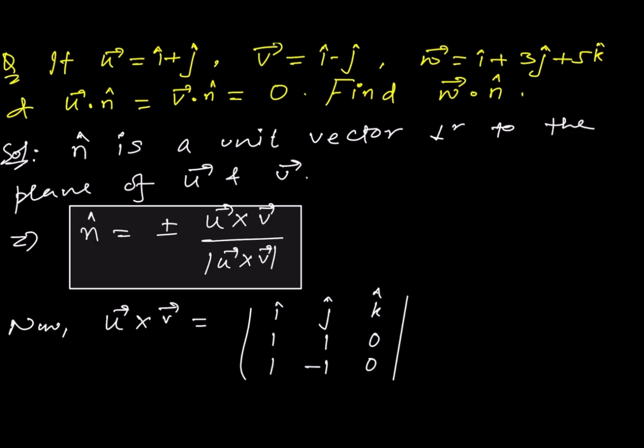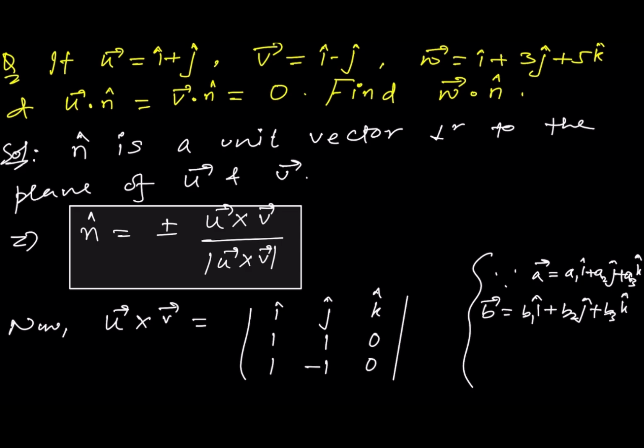The determinant is used because if a vector is a1 i cap plus a2 j cap plus a3 k cap, and b vector is b1 i cap plus b2 j cap plus b3 k cap, then a cross b is nothing but the determinant of i, j, k, a1, a2, a3, b1, b2, b3, right?